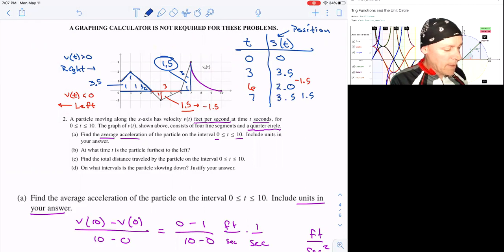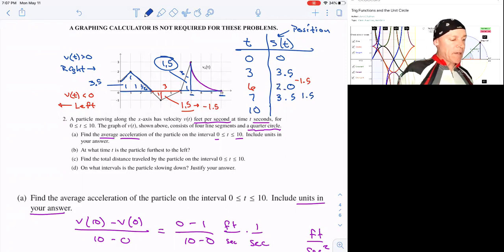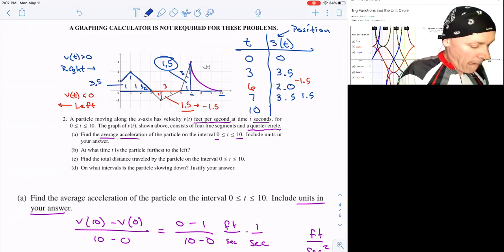Okay. Now, the last interval from 7 to 10, the particle is moving to the right. So it's going to be time 10. And we just have to figure out what's the area under that quarter circle. So we're really looking for this area right here.